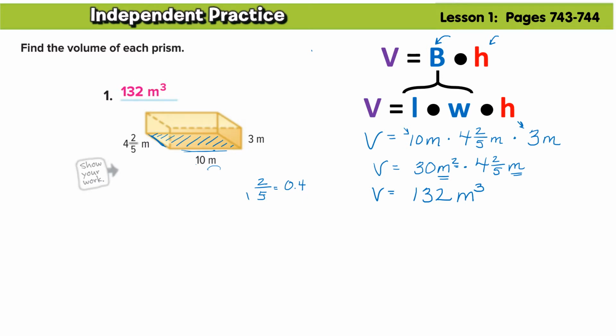Now why is it meters cubed? This is because we have 3 dimensions: length, width, and height. Remember, meters is just one dimension, and that's perimeter.